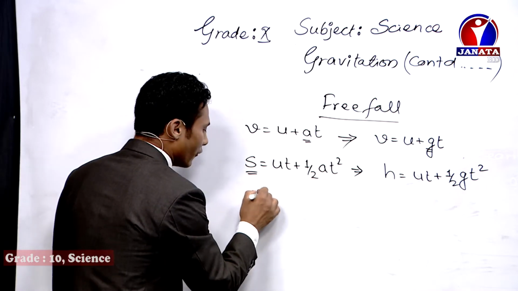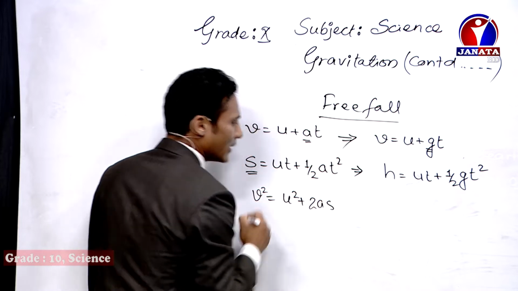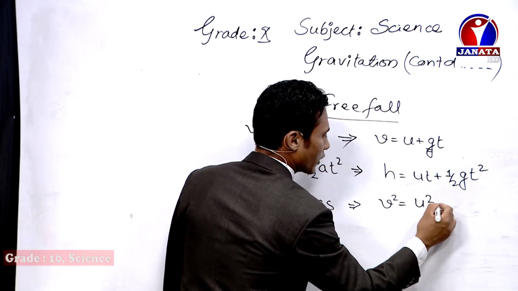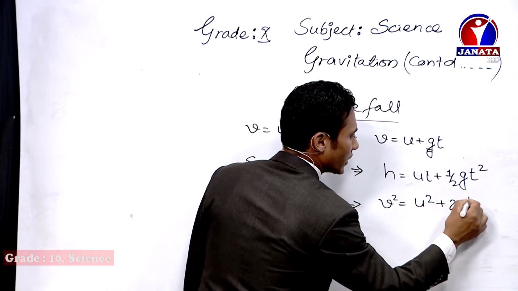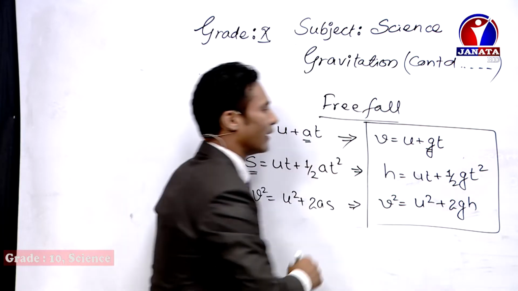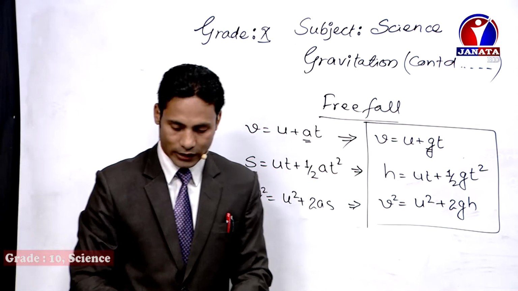And the last one is v square equals u square plus 2as, and this is modified into v square equals u square plus 2gh. So these equations can be used for finding quantities related to the freely falling object.